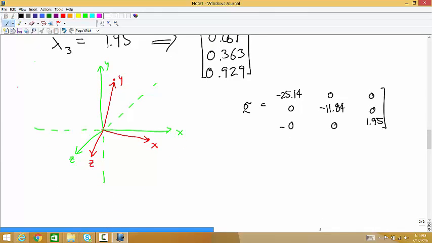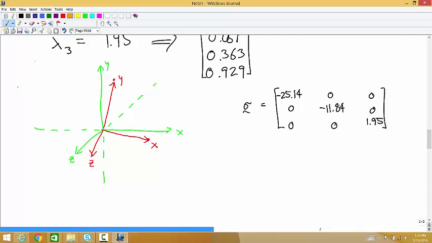Oh, I forgot, with the last one, I didn't calculate the maximum shear stress. What axis would you rotate about to get the stress tensor with the maximum shear stress? The negative 11.8. That's right. So the way I have it written, that's the y-axis.